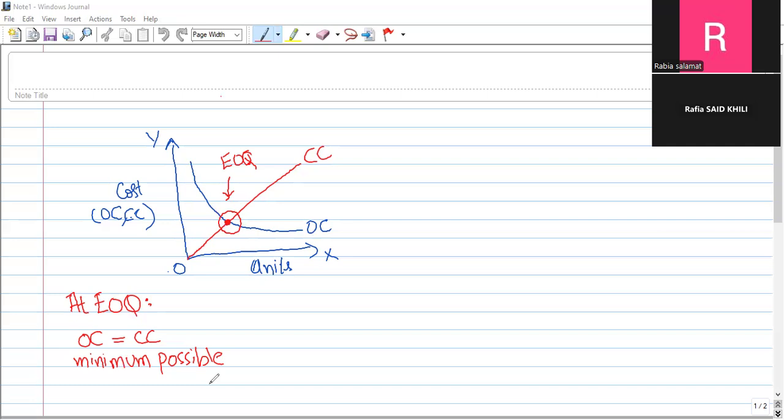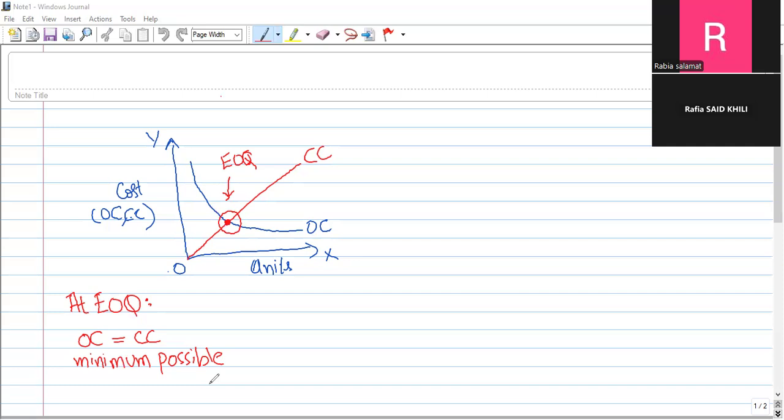When we learn about the behavior of ordering and carrying costs, these two costs move in opposite directions. But when we draw the graph, we see only at the EOQ point these two costs are equal and minimum possible.